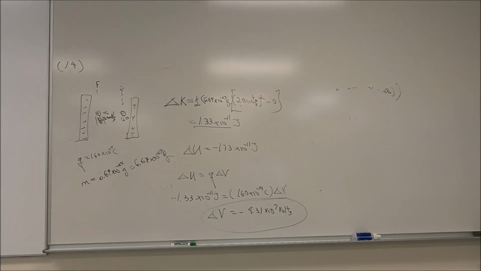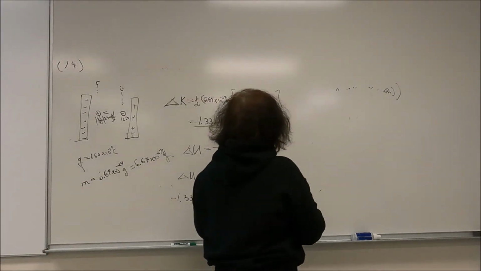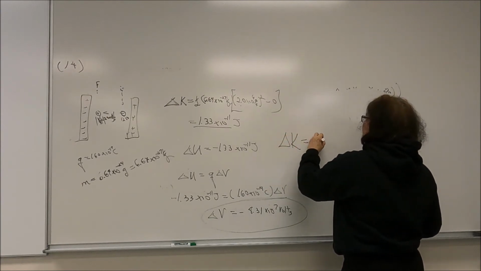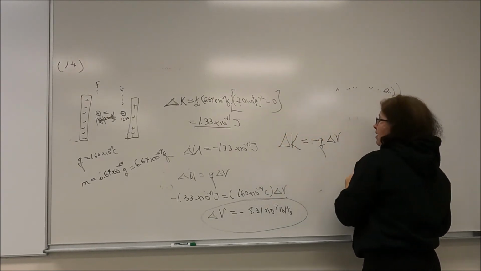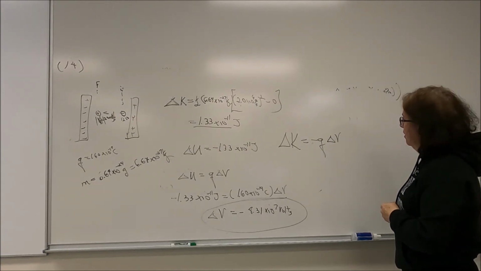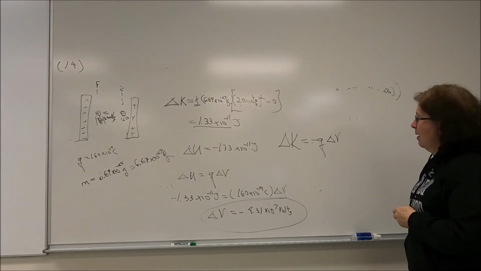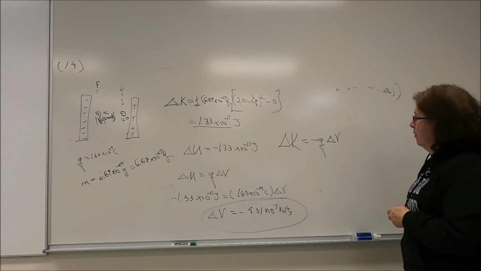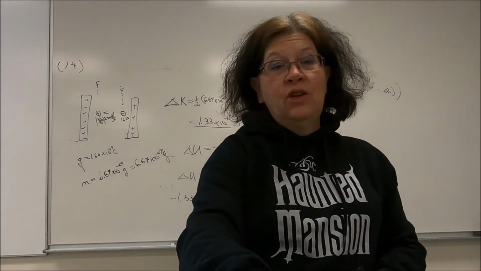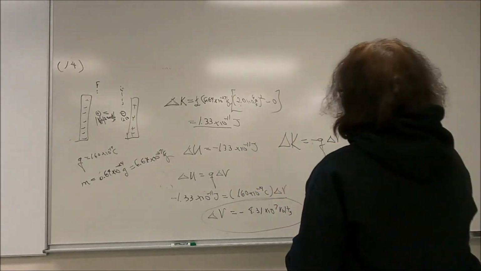They're not too bad. I did throw an extra step in there, but you could have also said the change in kinetic energy is minus Q delta V, and you would have gotten the same thing. So, two ways you could have worked it. I threw in an extra step.